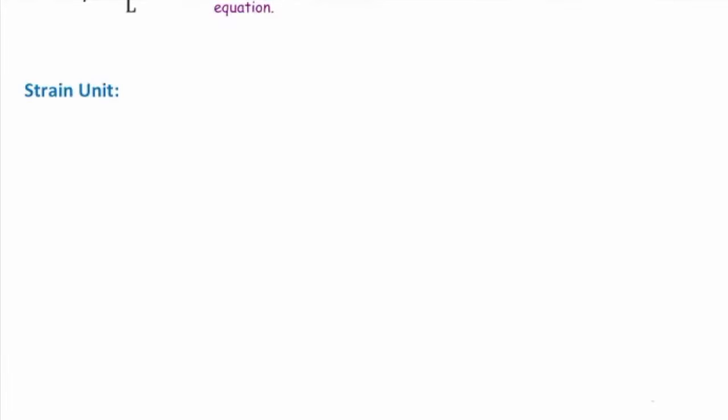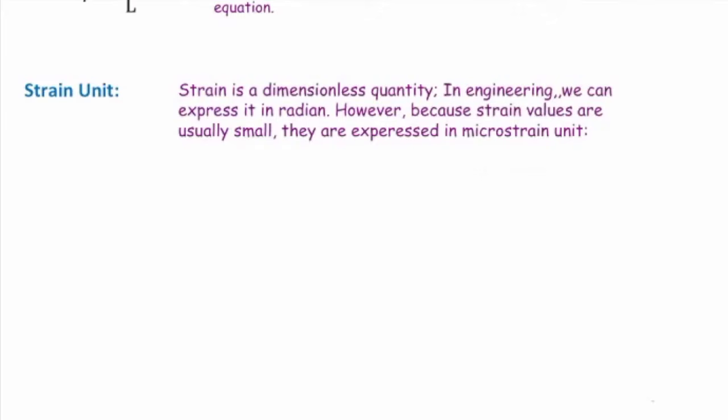Strain is a unitless parameter, so similar to normal strain, shear strain is unitless, and it doesn't matter if it's SI unit or US customary unit, we can just use radian for that. So radian is just a number. But generally, as I said, shear strain values are very small, so it's easier to work with microradian instead of radian, which is basically 10 to the minus 6th radian.